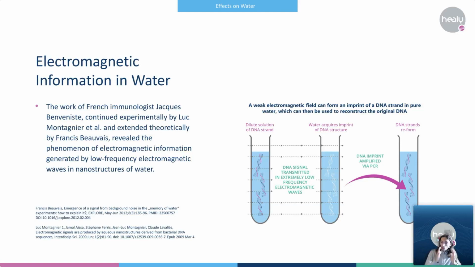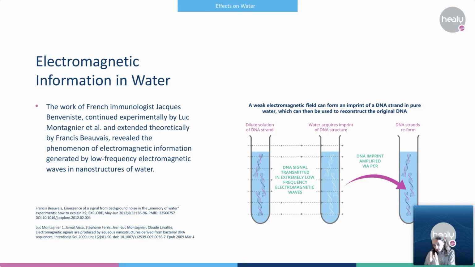Very simple. You can put quite complex information onto water. It saves the information, even if the initial transmitter is not there anymore. In our case, it would be MagHealy. You have a water program, you transmit the frequencies, and the frequencies are stored in the water. You take away the frequencies, but the information is still there for some time, of course not forever, because other influences change the water constantly.